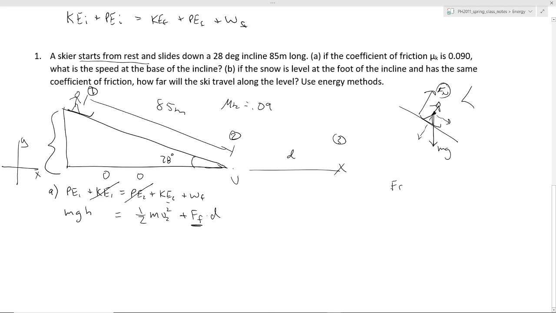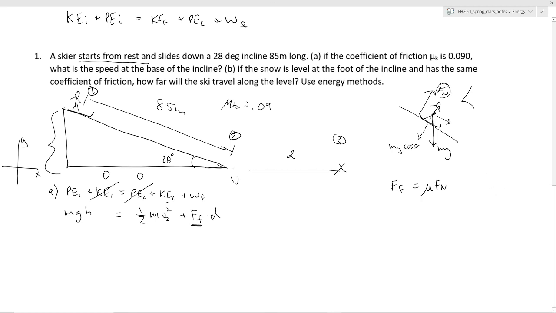Remember, the force of friction is mu times the normal force. So we need the normal force. Well, the normal force is going to be the component of the force of gravity that's perpendicular to the incline, mg cosine theta.